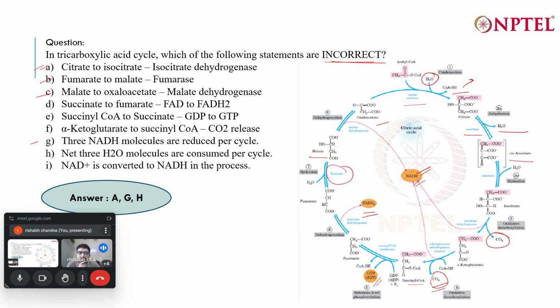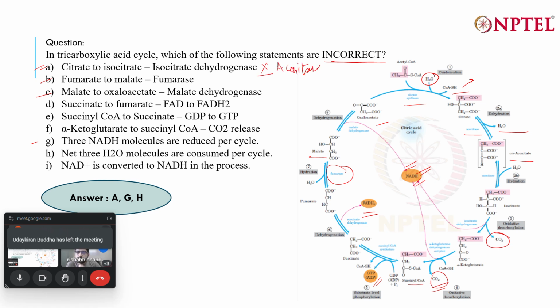Then this malate is converted to oxaloacetate by the enzyme malate dehydrogenase, and another molecule of NADH is formed. So this is the whole TCA cycle that we can see. Now we'll see the options. The citrate to isocitrate conversion involves the enzyme isocitrate dehydrogenase: false. The enzyme involved is aconitase.